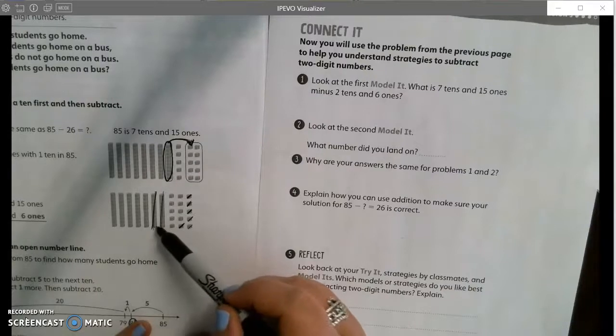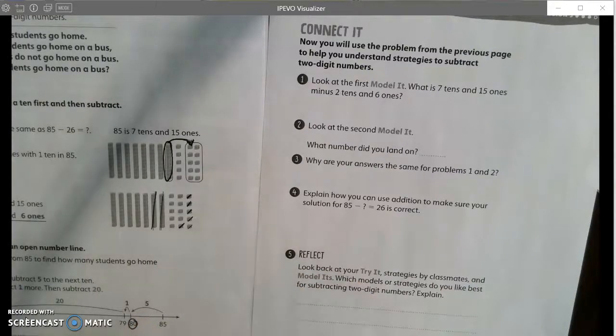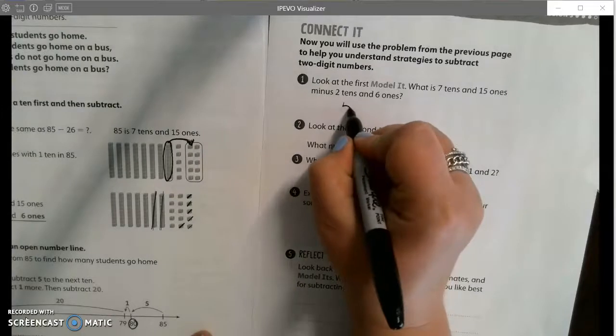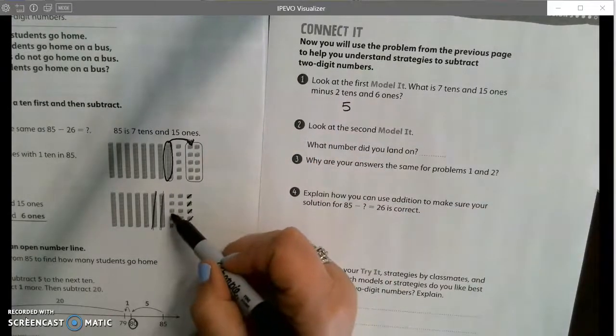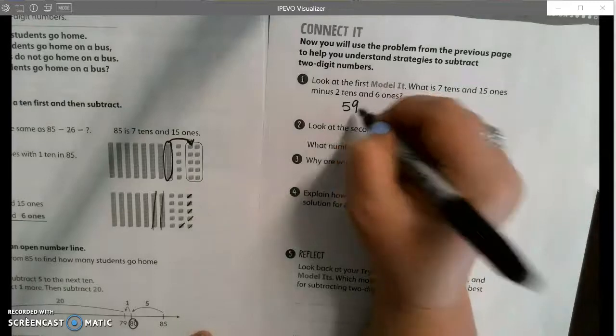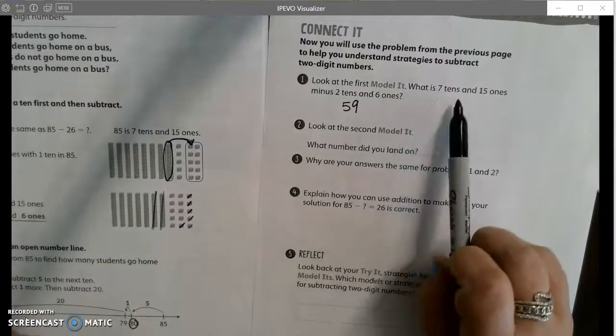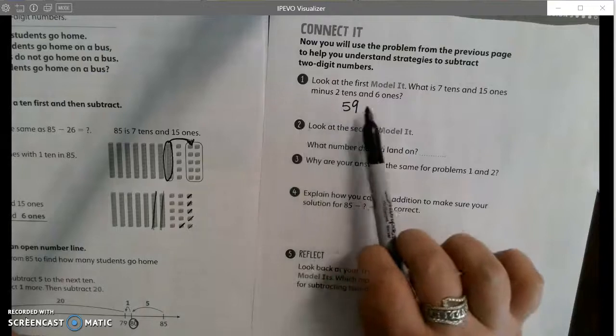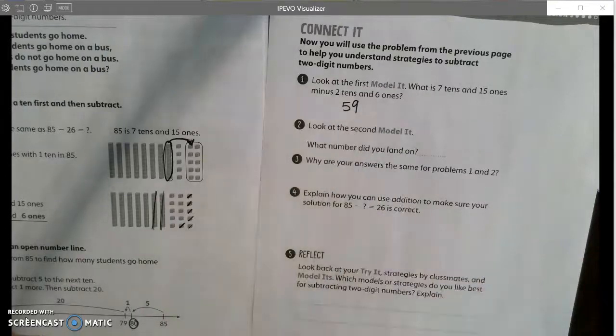Take away those 2 tens and those 6 ones. So how many tens do we have left? 1, 2, 3, 4, 5. There's 5 tens and there's 1, 2, 3, 4, 5, 6, 7, 8, 9 ones. So 7 tens and 15 ones minus 2 tens and 6 ones should be 59.